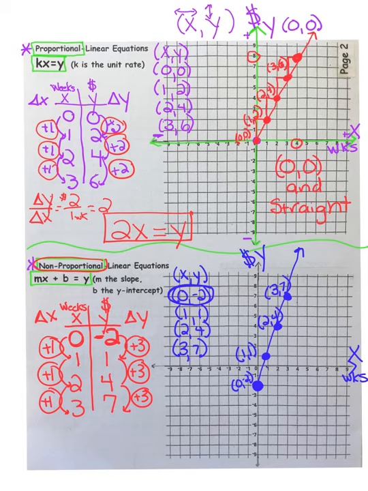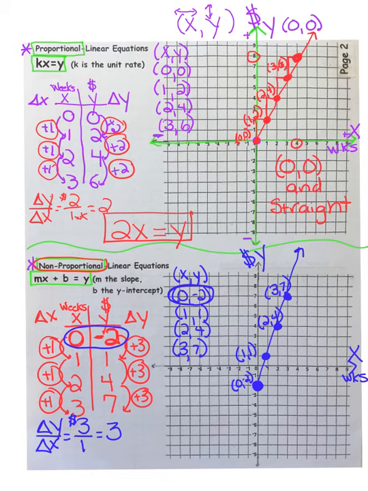Now, let's take a look at our rate, delta y over delta x. Remember, we have $3 per every 1 week, which is a rate of 3. We're going to write an equation which looks like this, and we have to keep in mind that Jordan started out at a loss of $2 because he owed his sister $2.